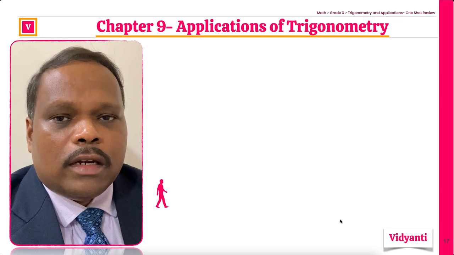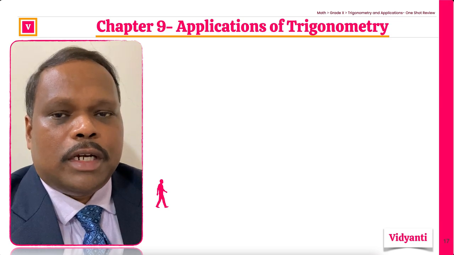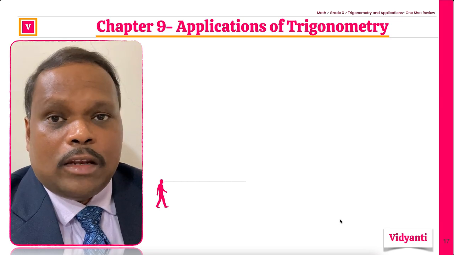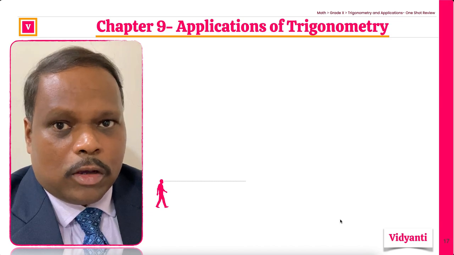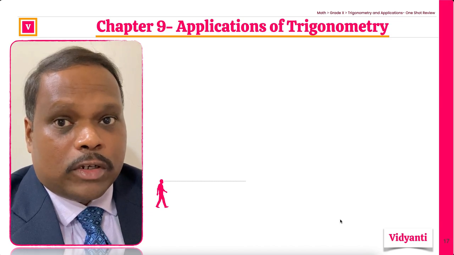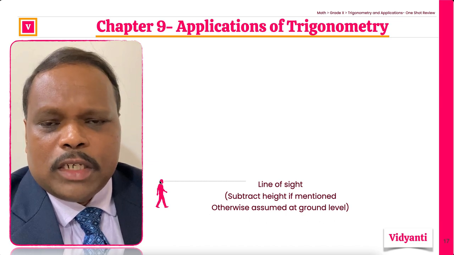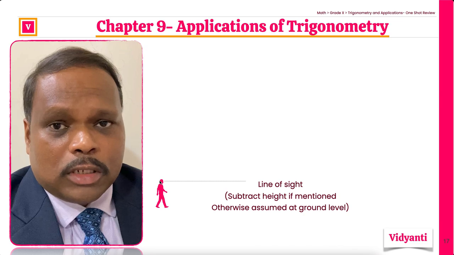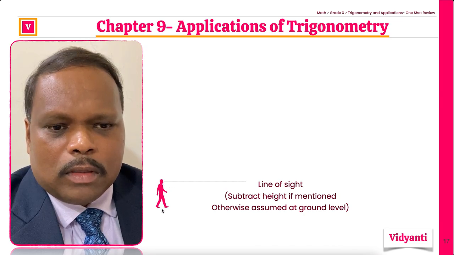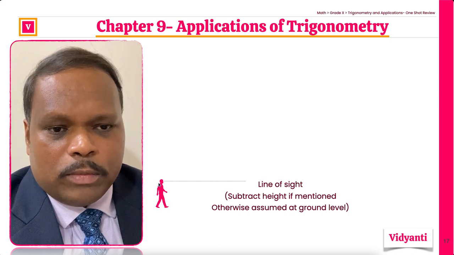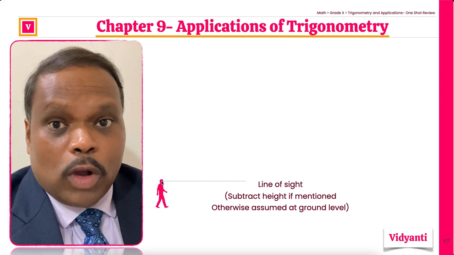If you stand and look directly straight, this is your line of sight, the horizontal line with reference to your eyesight. Sometimes they mention the height of the person, then you have to subtract that, because the measurement is not with reference to the ground, it is with reference to eyesight.